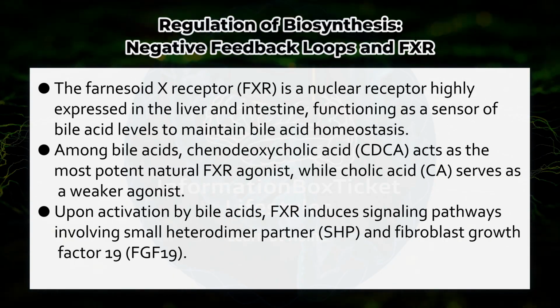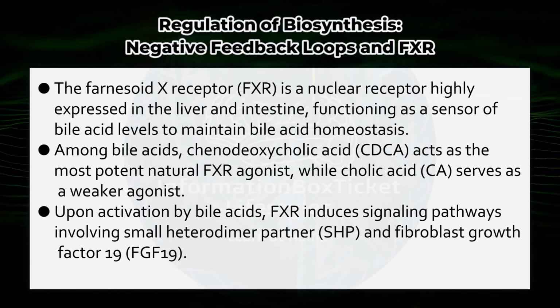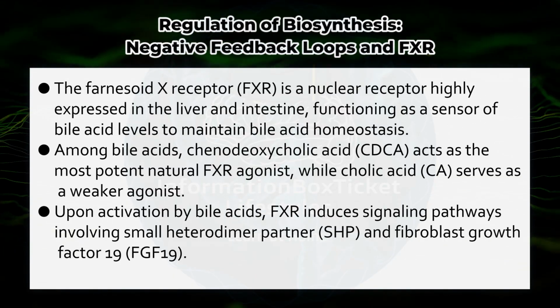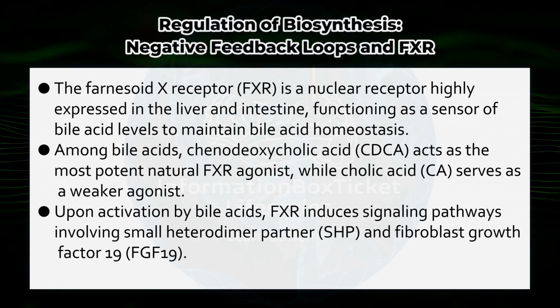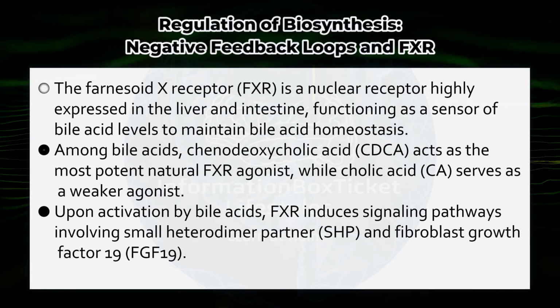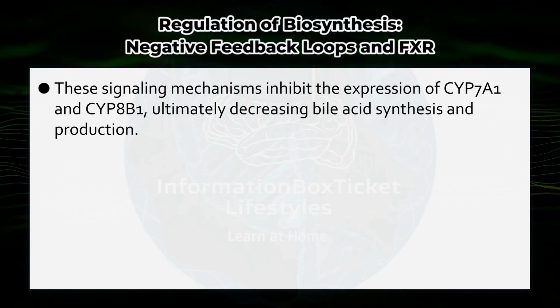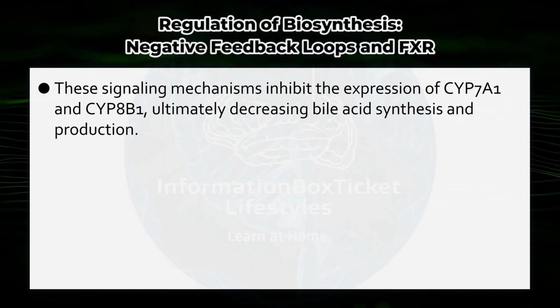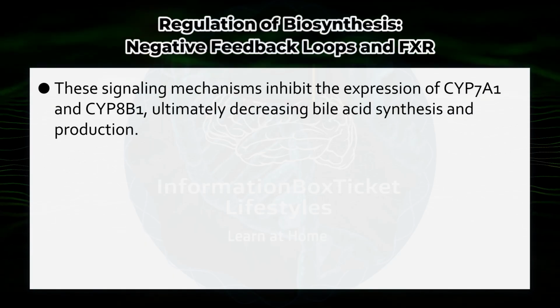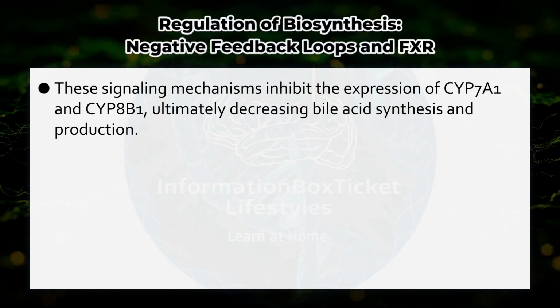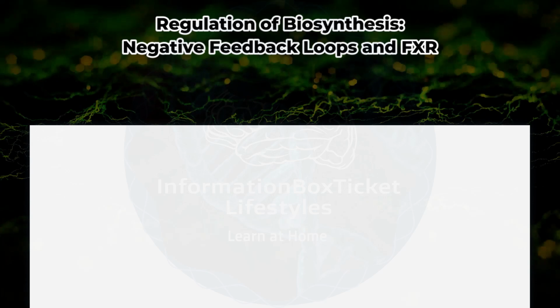Upon activation by bile acids, FXR induces signaling pathways involving small heterodimer partner, SHP, and fibroblast growth factor 19, FGF19. These signaling mechanisms inhibit the expression of CYP7A1 and CYP8B1, ultimately decreasing bile acid synthesis and production.